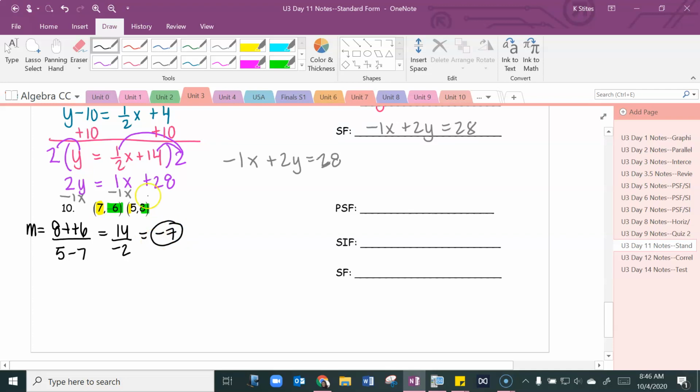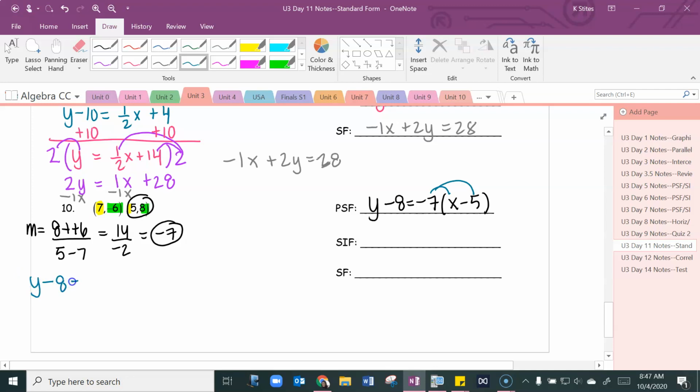Point slope form, I'm going to use this one right here, that point. So y minus 8 equals my slope, x minus 5. There's my point slope form. Next, I need to move it to slope-intercept form. So I'll go ahead and distribute that. I'll just write this down here.